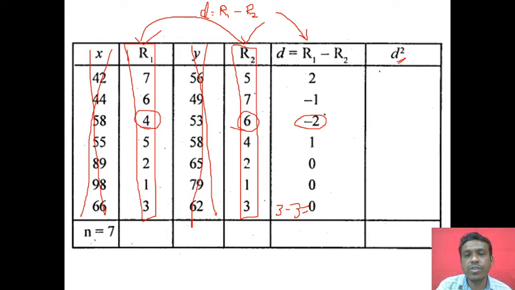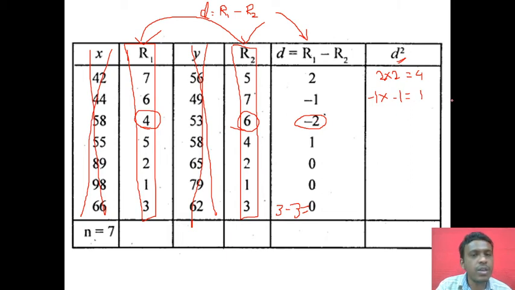D square is equal to d into d, that is 2 into 2 equal to 4, minus 1 into minus 1 equal to plus 1, because minus into minus becomes plus.